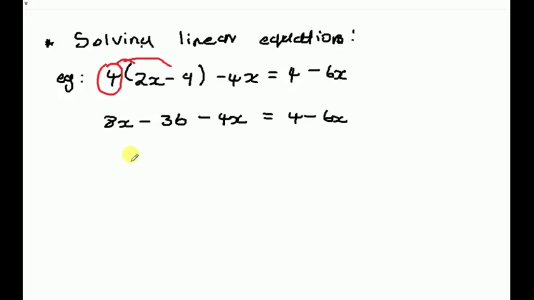This is what you're going to get: 8x minus 4x plus 6x, which will be equal to 4 plus 36. Remember, when you move to the other side, it changes the sign.